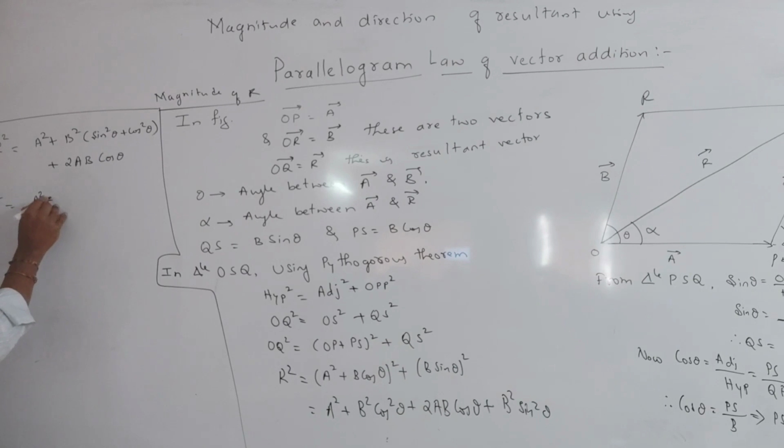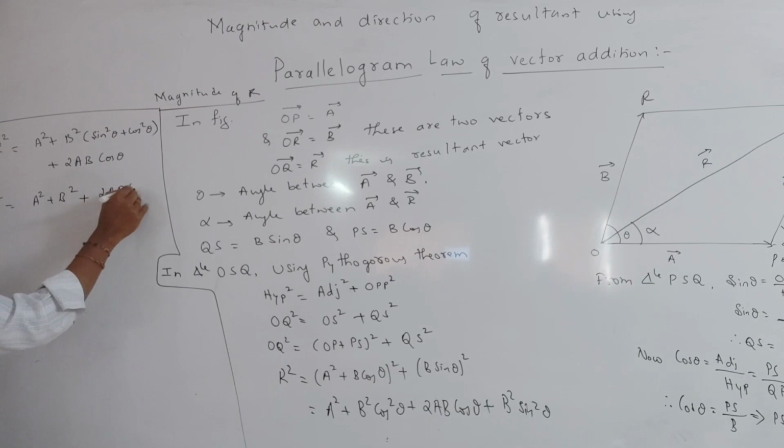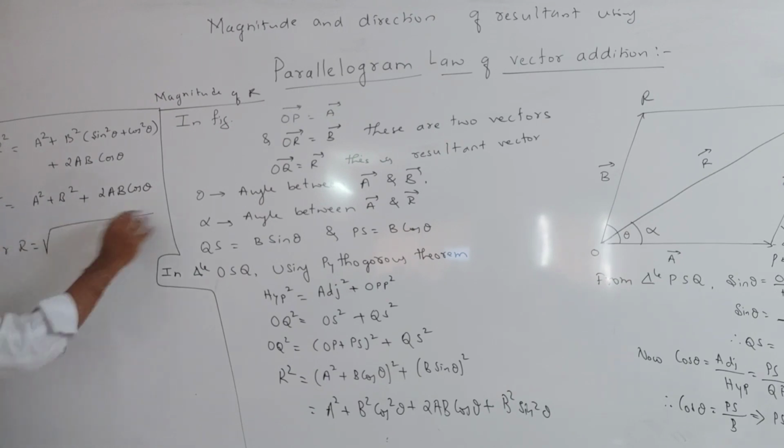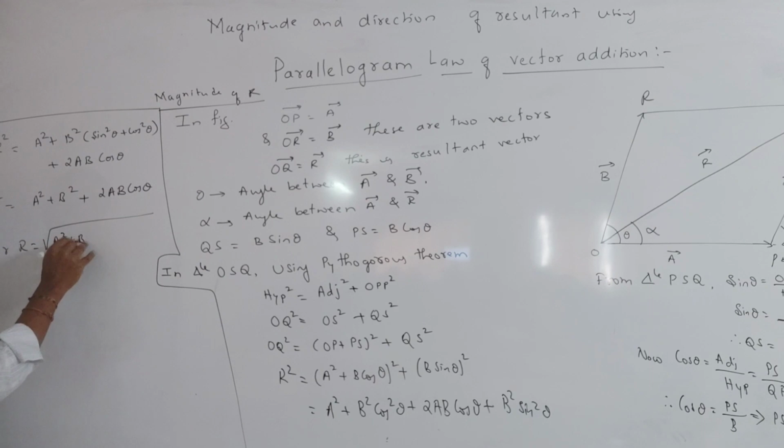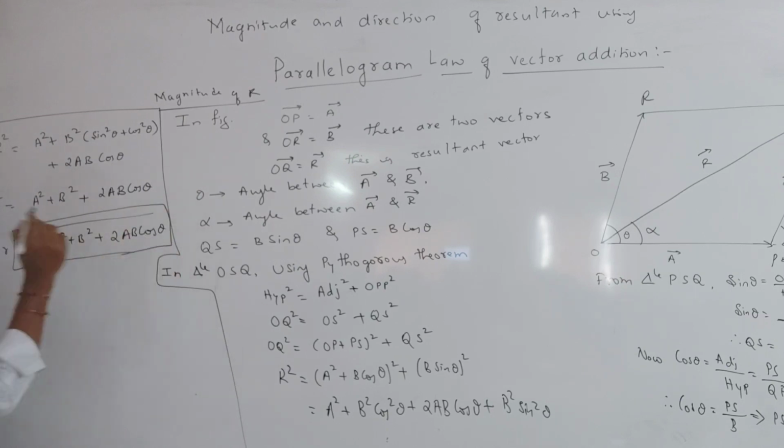So that is A square plus B square plus 2AB cos theta, or R equal to square root of A square plus B square plus 2AB cos theta. So this is the magnitude of the resultant vector.